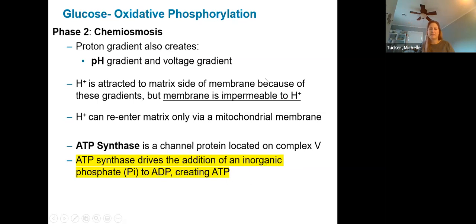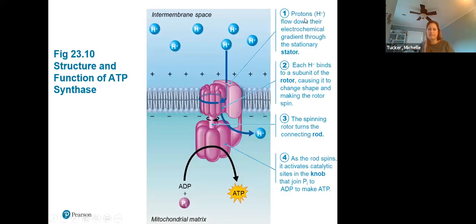ADP creating ATP. Okay. So protons, we have tons of protons now, they are desperate to get across that membrane, but it's impermeable, so they have to travel through ATP synthase. As they do, this turns and this turns. And then ADP is phosphorylated to make ATP.